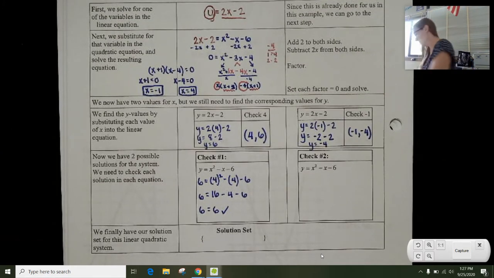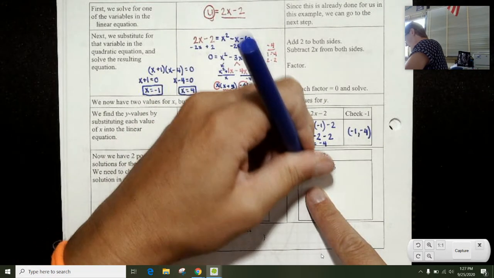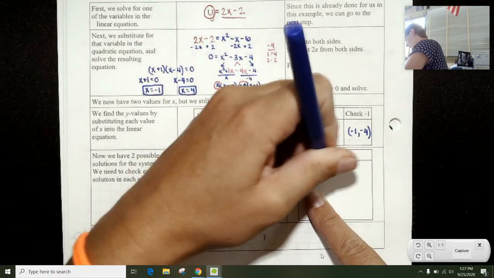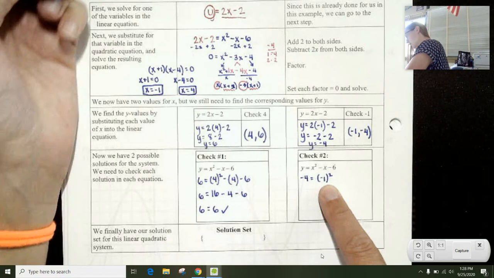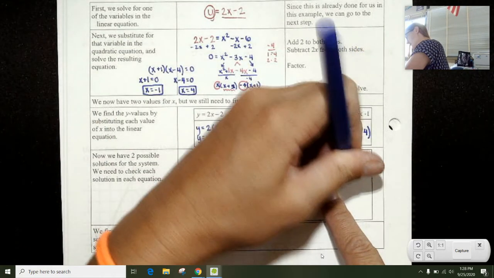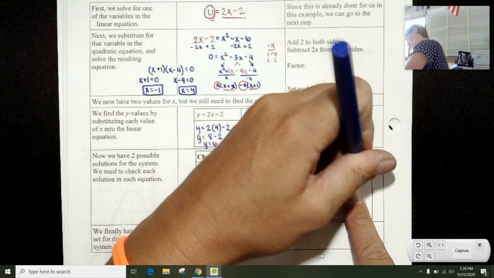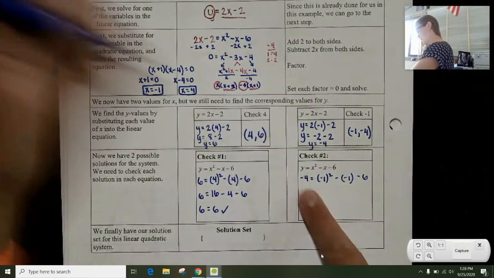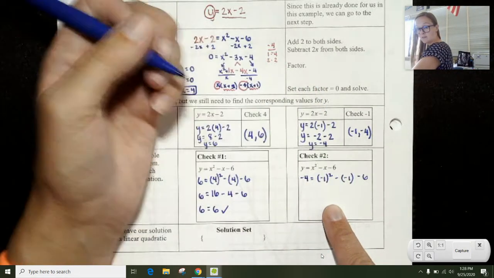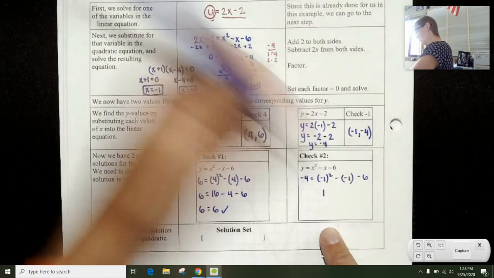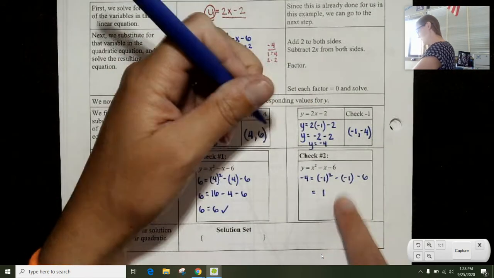Let's check the other one. -4 equals (-1) squared. Notice my parentheses. Minus -1 minus 6. So (-1) squared is going to be 1. Remember, anything squared is positive.